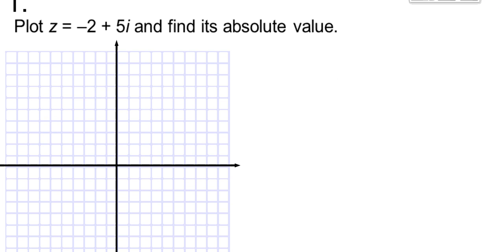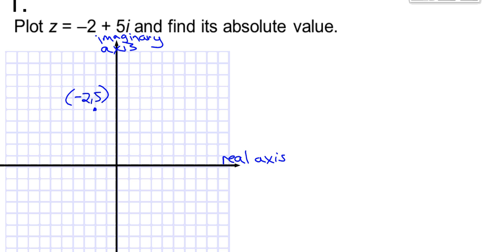So then, just to be able to plot and find the absolute value of a number, so -2, 1, 2, 3, 4, 5. If this is a complex plane, then this point z, which is at -2, 5, and this is the real axis, and this is the imaginary axis.